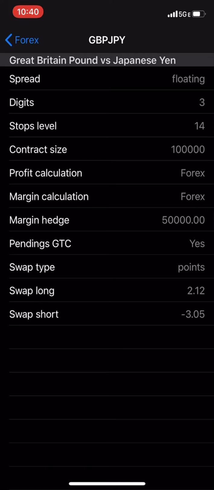If we were selling, for every standard lot, we would be paying $3.05 to hold that trade into the new day. And that number, where the decimal is, that would change depending on your trade size. So if you were trading a mini lot, which is a 0.1, and you were buying, rather than getting paid $2.12, you'd be getting paid 21 cents.